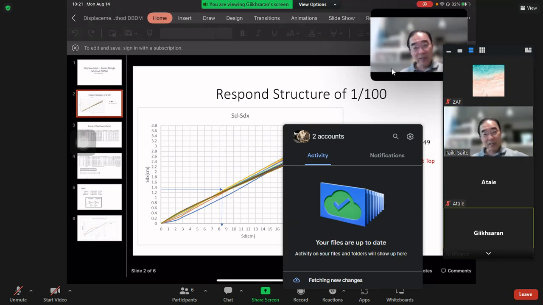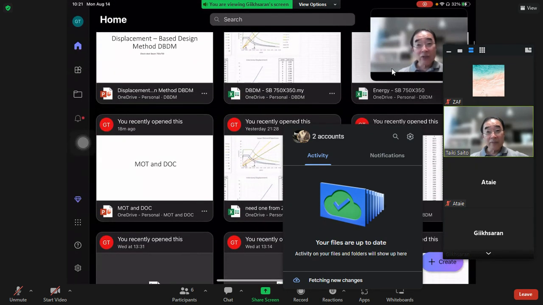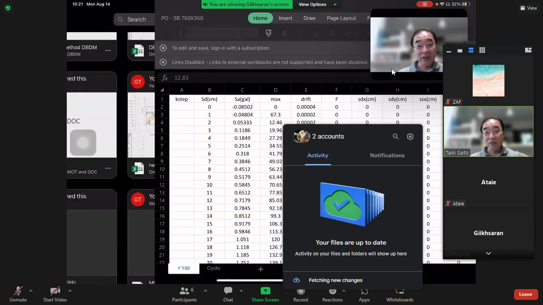Maybe this is the meaning. And I cannot use the review option. How can I write down a comment?